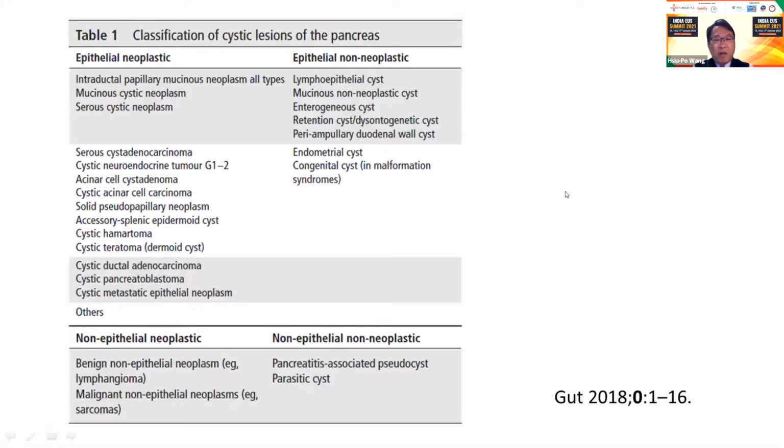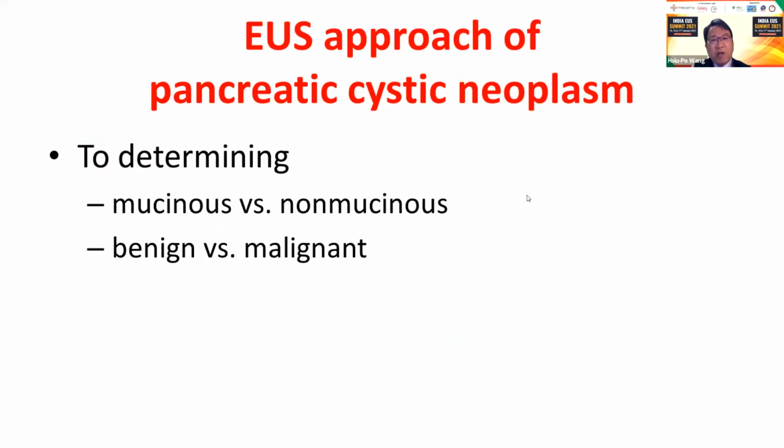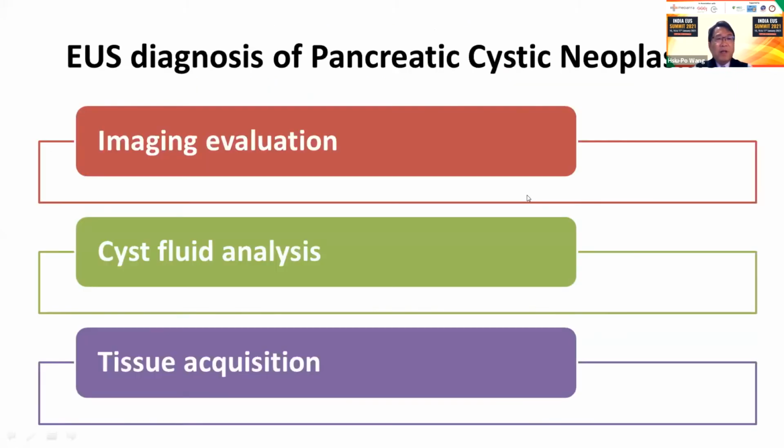There is a wide spectrum of pathology of pancreatic tumors according to the WHO criteria. However, the EUS approach is to determine mucinous or non-mucinous, benign or malignant. EUS diagnosis of pancreatic neoplasm includes imaging evaluation alone, also cyst fluid analysis and tissue acquisition.